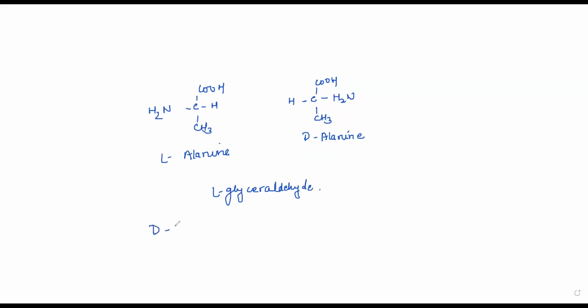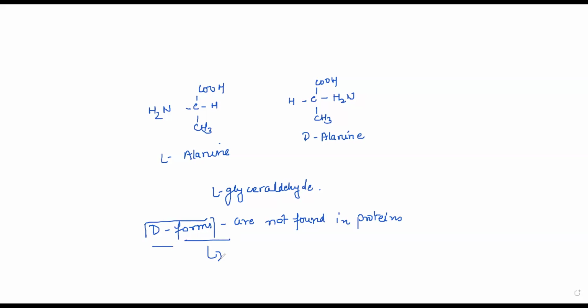So D forms are not found in proteins, although they exist in nature. D forms of the amino acids are found in some peptide antibiotics and the peptidoglycan wall of bacteria. So this is one more thing which one has to remember, that usually the D form of the amino acid is not found in proteins.